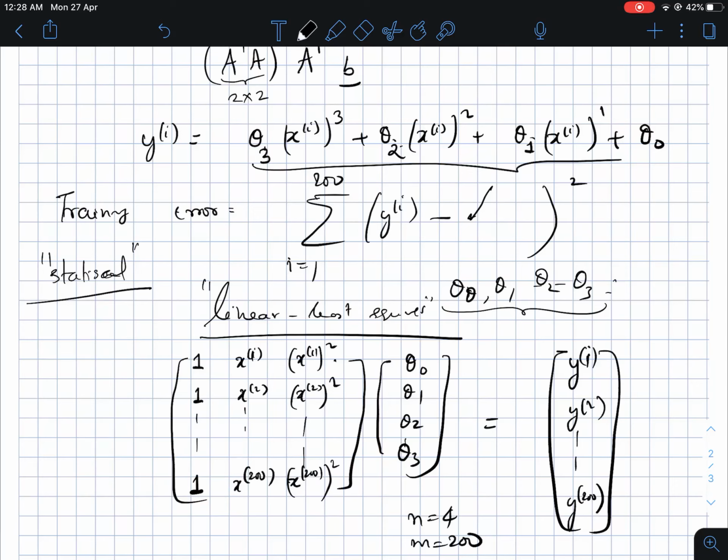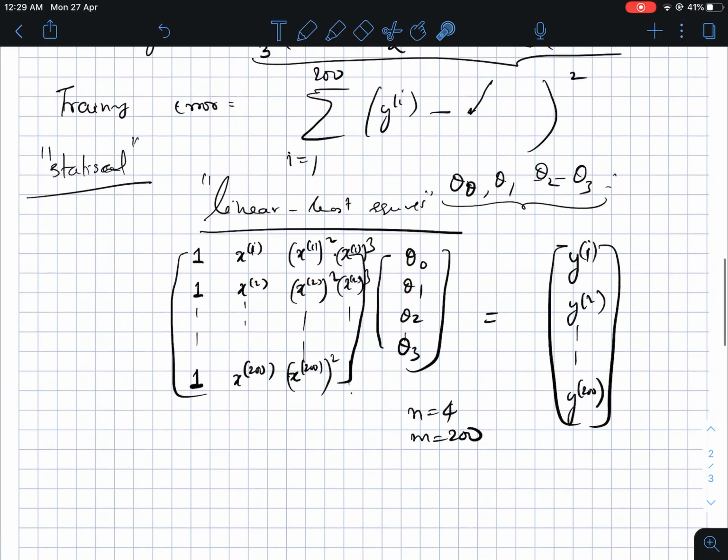And the fourth column is going to be cubes, x1 cube, x2 cube, and so on. So basically the first column is all ones, the second column is all the x's, the third column is the entry-wise square of the second column, and the last column is the entry-wise cube of the second column, so to speak. So this is what the structure is going to be.